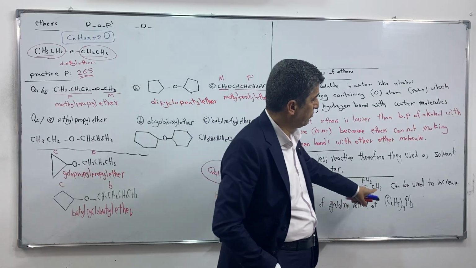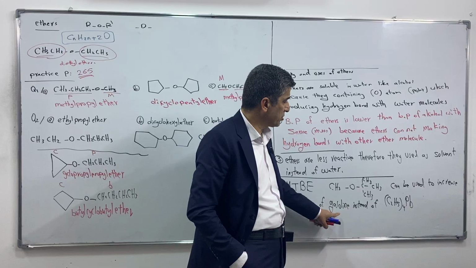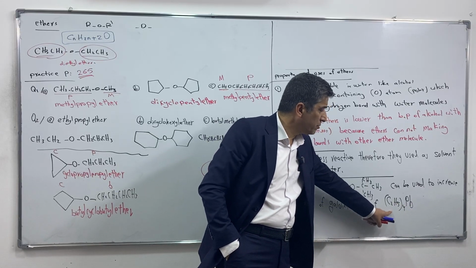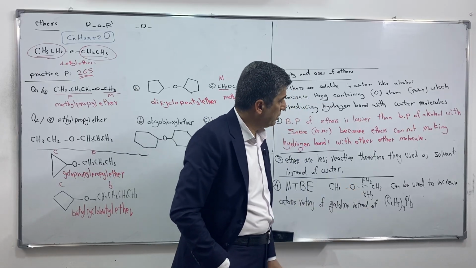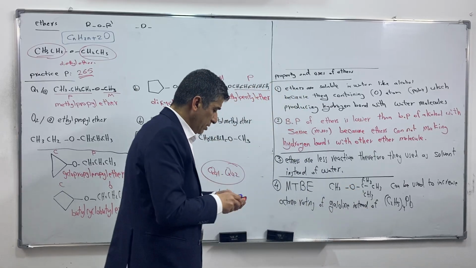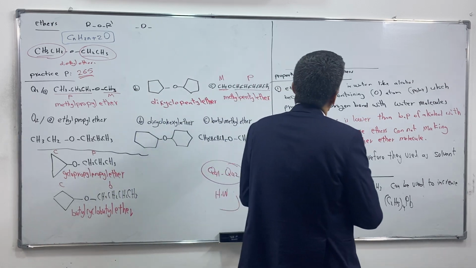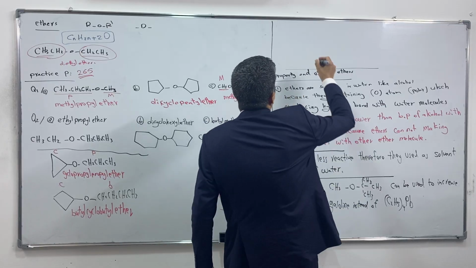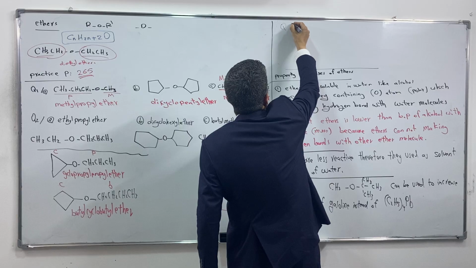This compound can be used to increase the octane rating of gasoline instead of C2H5 4 Pb, which is toxic. Therefore, we can use MTBE as an octane enhancer, for increasing the octane rating of gasoline or fuels.